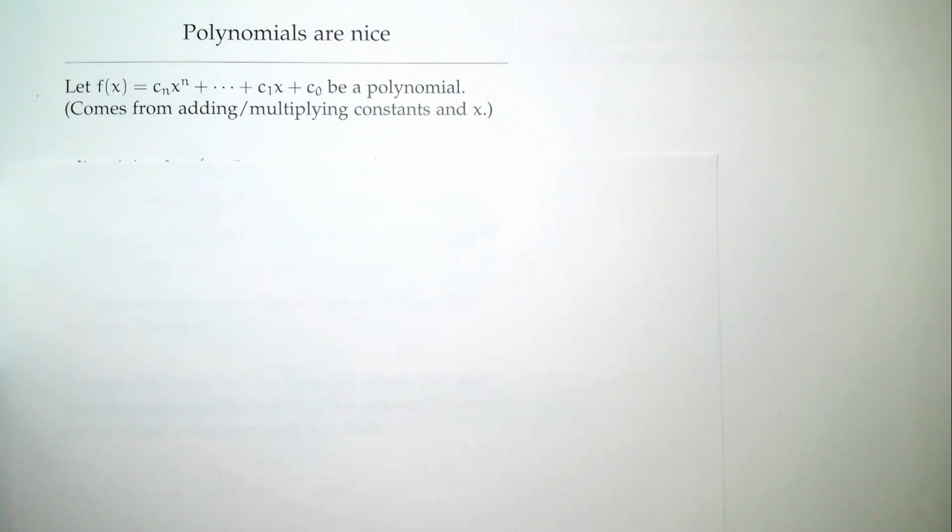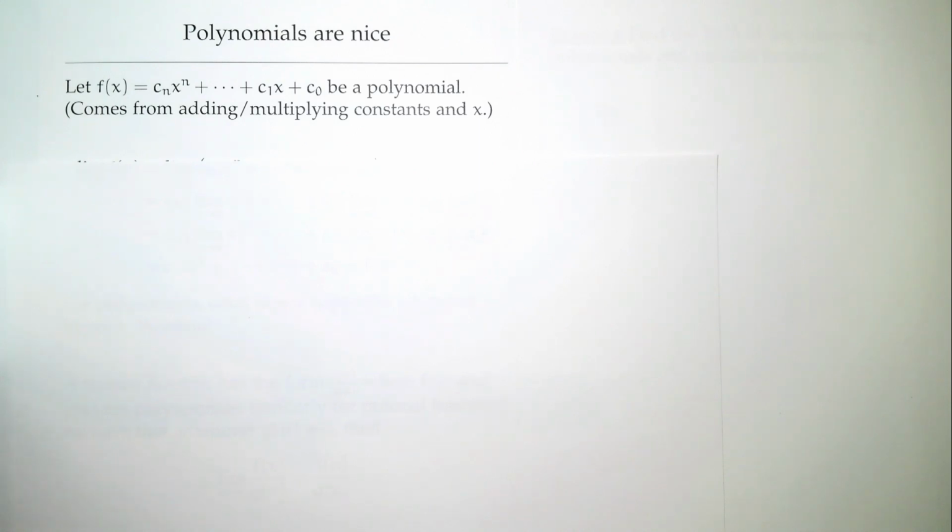Polynomials are nice. Beautiful to work with. Now, what's a polynomial? Essentially, a polynomial is a linear combination, which means we're just adding things together with some numbers in front of powers of x. And we're thinking of x to whole numbers. So x cubed, x squared, x to the 21.